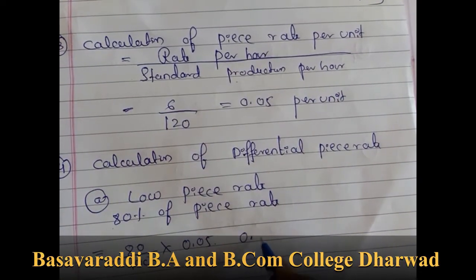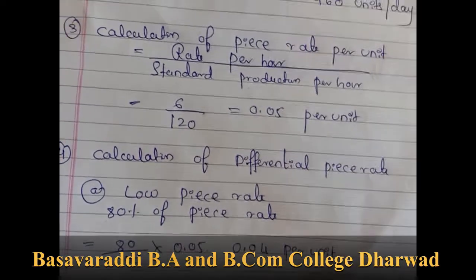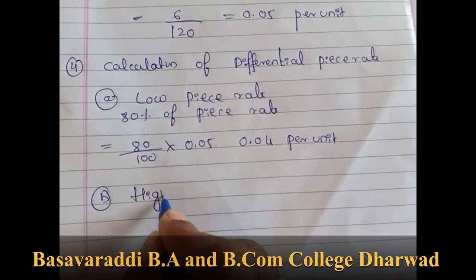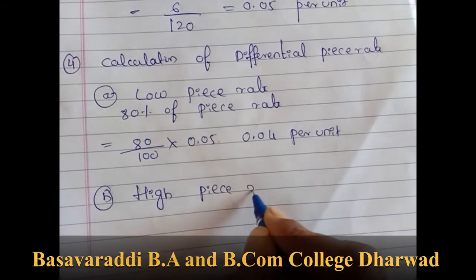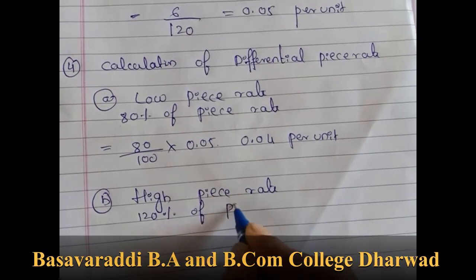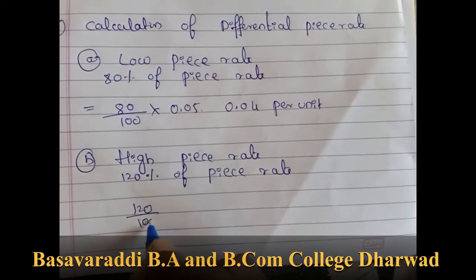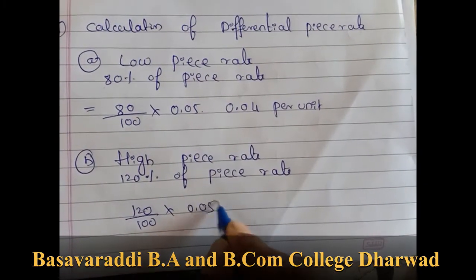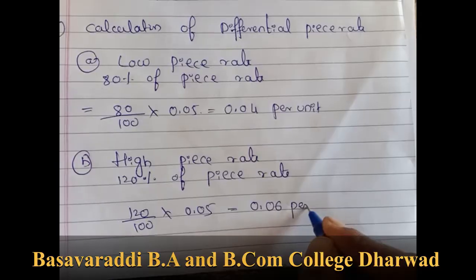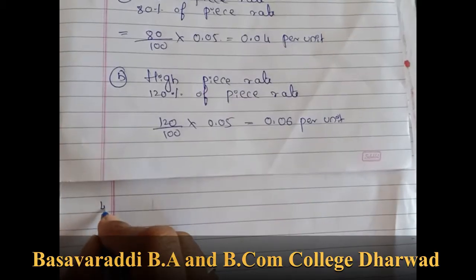The answer is 0.04 per unit. Second, high piece rate, 120% of the piece rate. 120 divided by 100 into piece rate 0.05 is equal to 0.06 per unit.